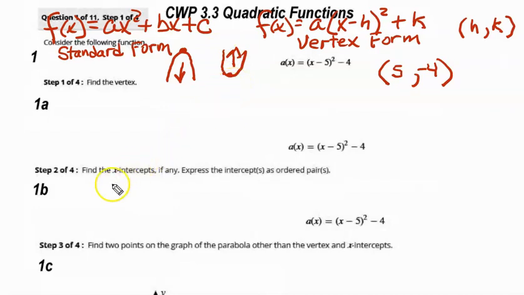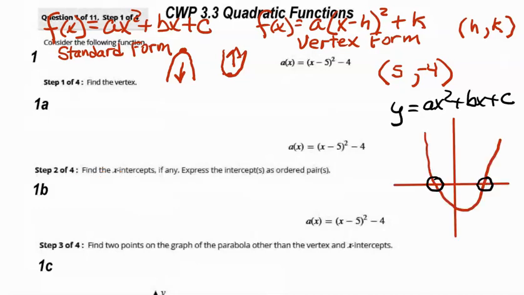Okay, so part 2 now is we want to find the zeros, that is the X intercepts. So to do this, we want to have our Y value here as a 0. So we're going back to our standard form.